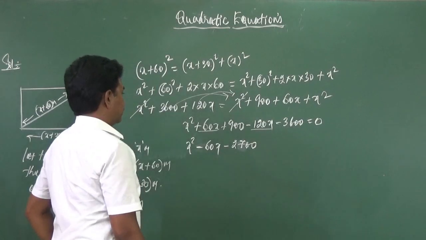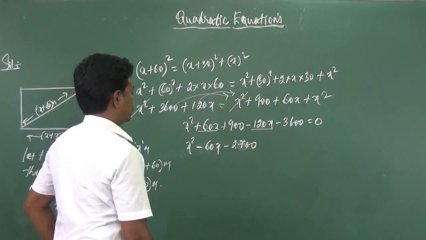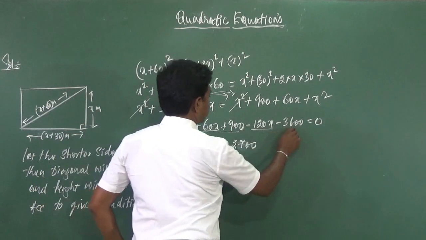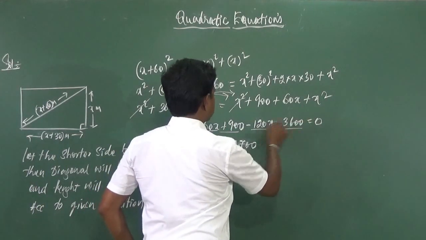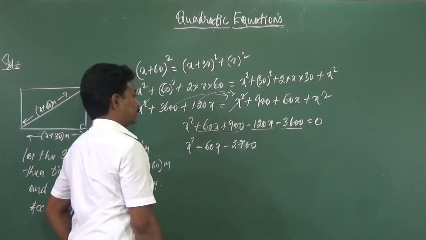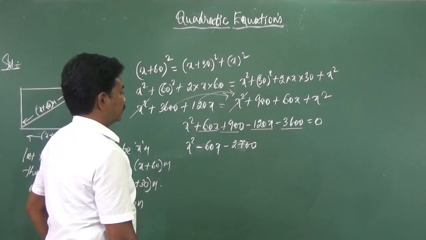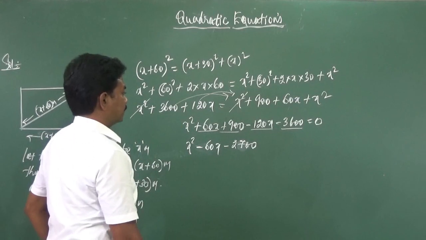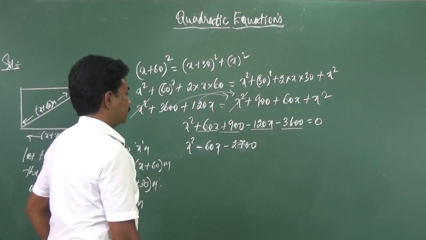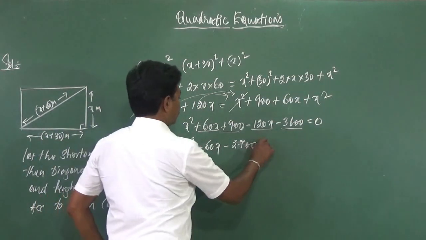So x square minus 60x minus 2700 is equal to 0.